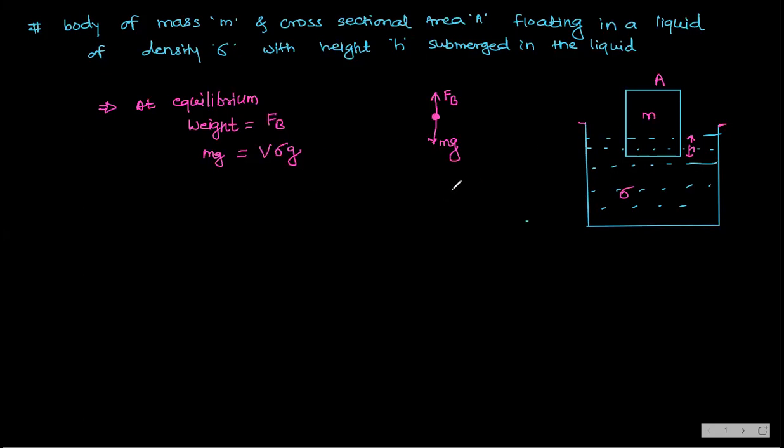Now this volume V is equal to A into H, and therefore mg is equal to A H sigma g. Volume of submerged part. Now this g and this g cancel. What I am getting? m is equal to A H sigma. Agree?